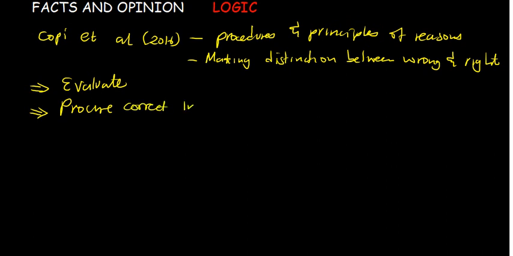From where do you get it? Unless you have got logic, those procedures and principles to reason in order for you to make a distinction between what is right and wrong. If you can't make a distinction that this is right and this is wrong, then you are, of course, unlogical.